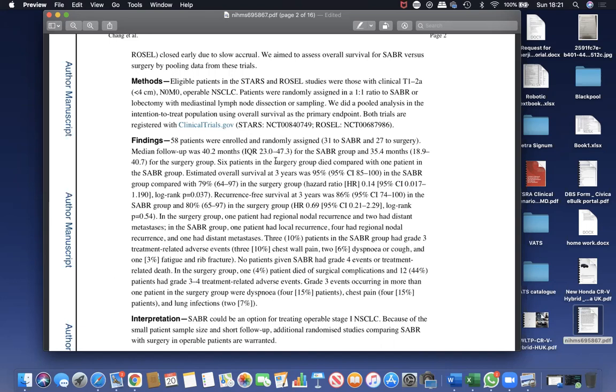There is a difference between the term for which the patients are followed up, sir. Absolutely. 23 versus 47. This is quite different. 35 versus 40. I'm sure if you do a parametric analysis, you will find a statistical difference. It's a small sample size, and there's almost 5 months difference.